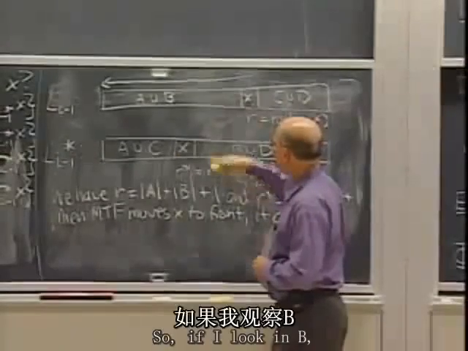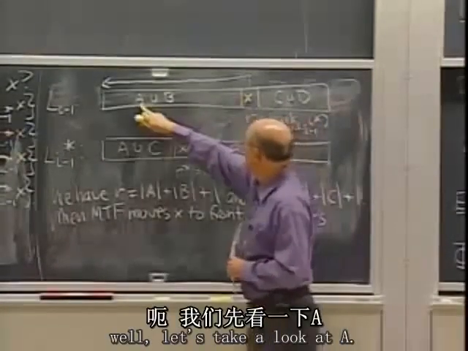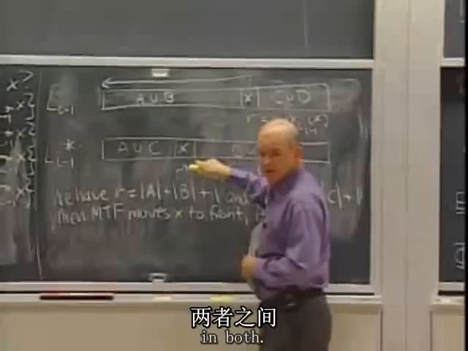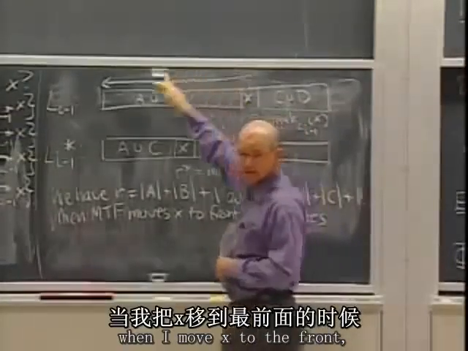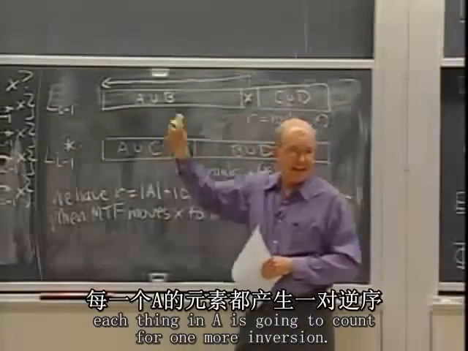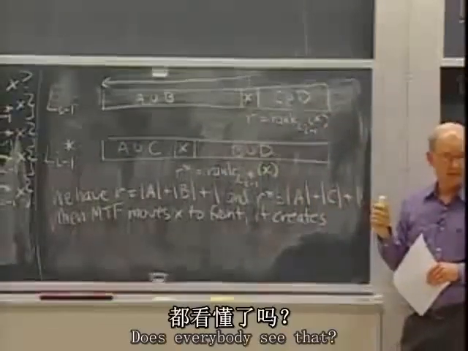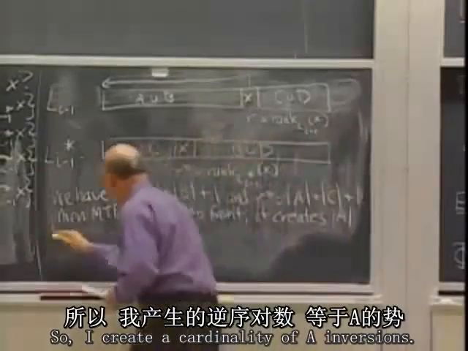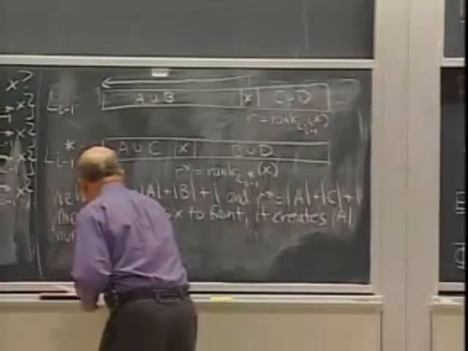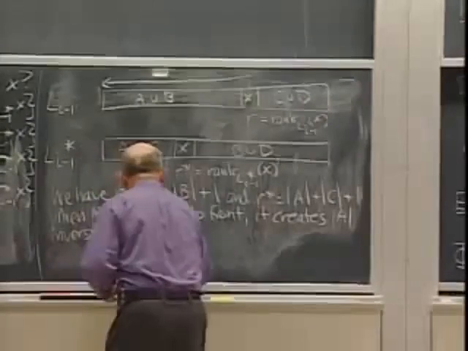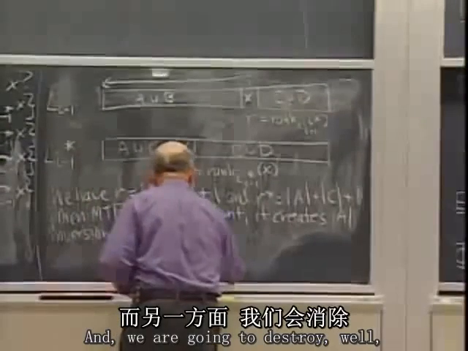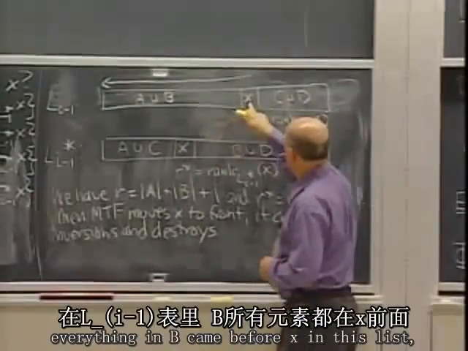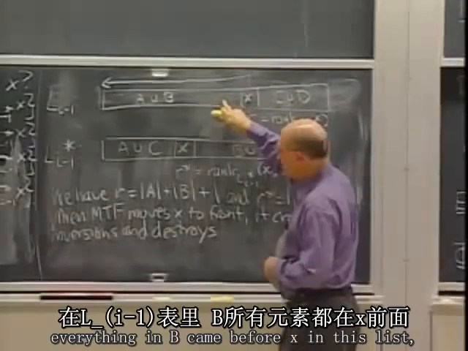So let's take a look at A. Those are the things that are in the same order in both. So everything that's in A, when I move X to the front, each thing in A is going to count for one more inversion. Does everybody see that? So I create cardinality of A inversions. And we're going to destroy, well, everything in B came before X in this list and after X in this.